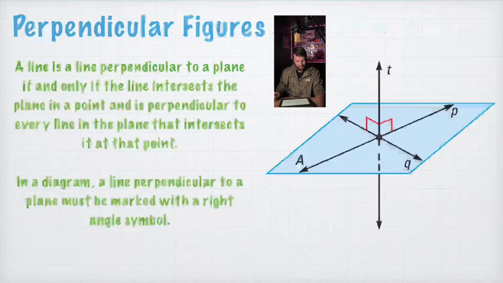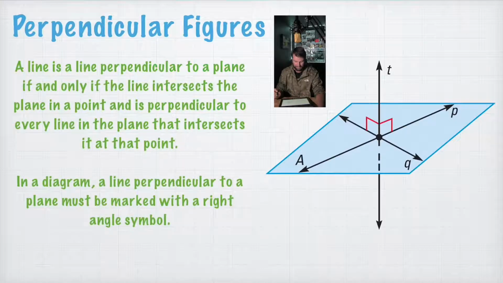Perpendicular figures. A line is perpendicular to a plane if and only if the line intersects the plane in a point and is perpendicular to every line in the plane that intersects it at that point. So in the diagram, a line perpendicular to a plane must be marked with the right angle symbol.